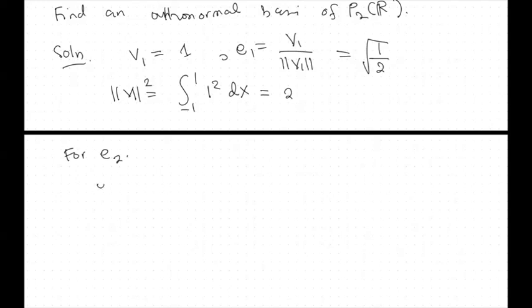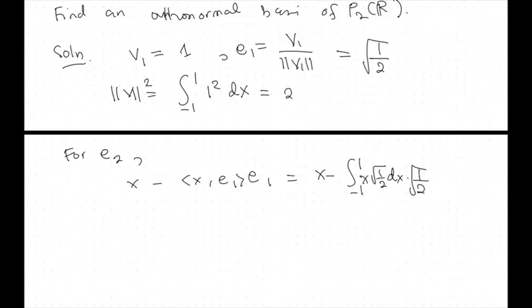we have E sub 2. We compute first x minus the inner product of x with E1, times E1. Then we have x minus the integral from -1 to 1 of x times square root of 1 over 2 dx, times 1 over square root of 2.